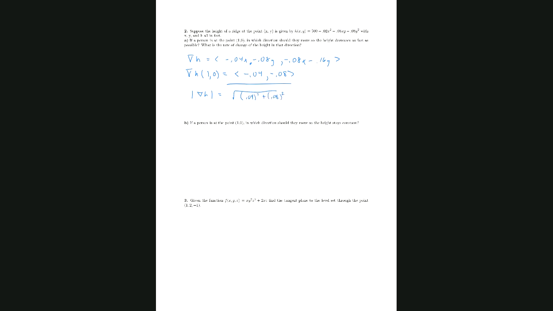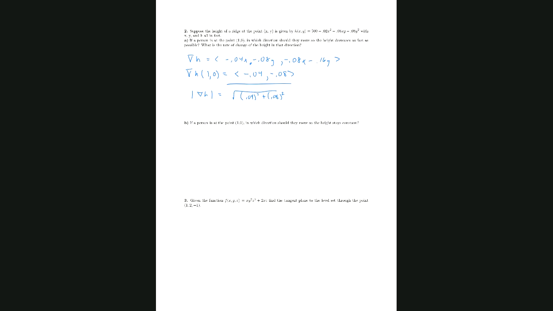Since it's getting too late for numbers, I can bring the 0.01 outside the square root, and 4 squared plus 8 squared is the square root of 80. So something like square root of 80 over 100. That doesn't sound right, but something like that.